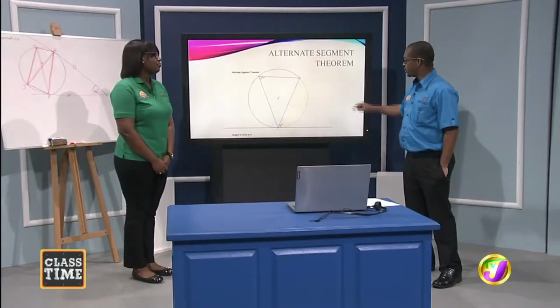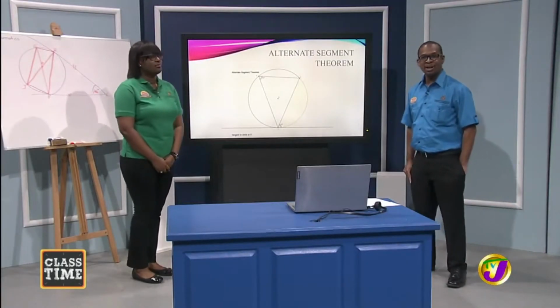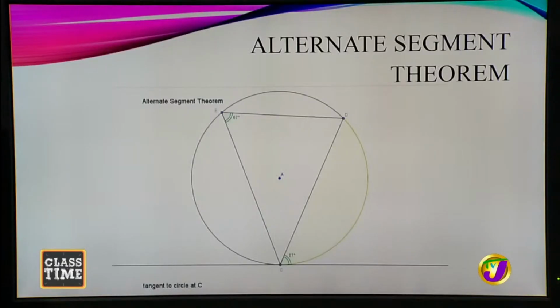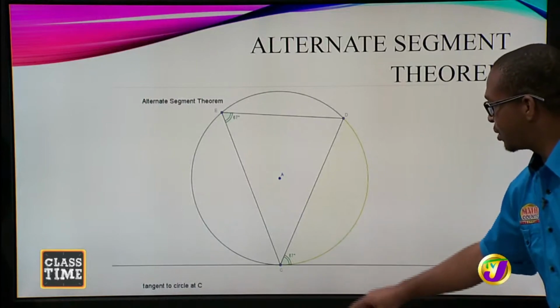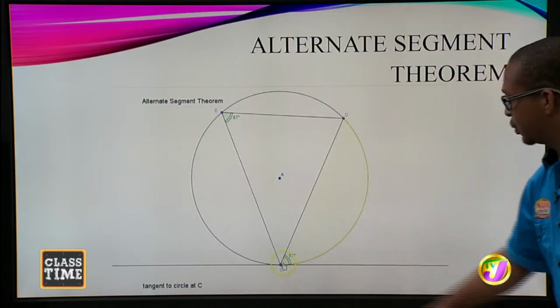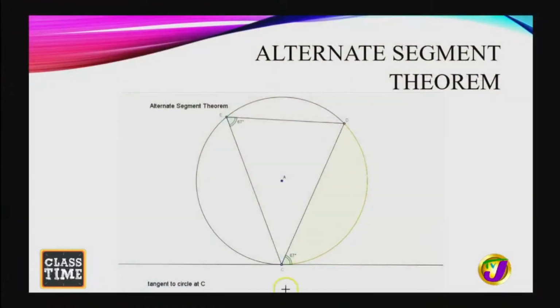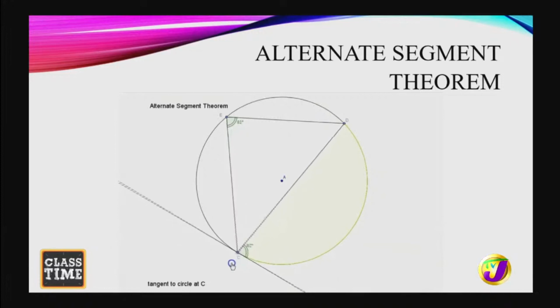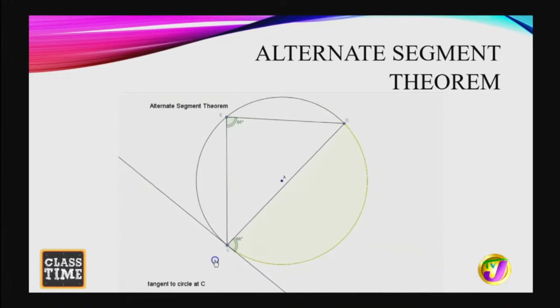That's awesome, Brittany. So let's move into our last theorem, the alternate segment theorem. Let's see what's happening with this. I'm hoping you're seeing a tangent to the circle at point C. Yes, I am.